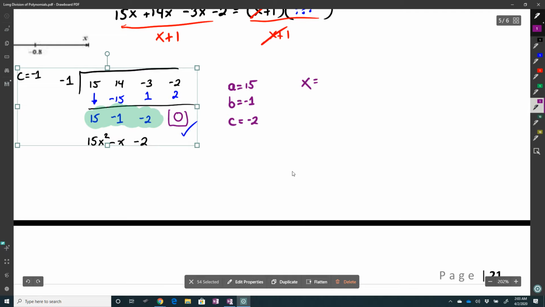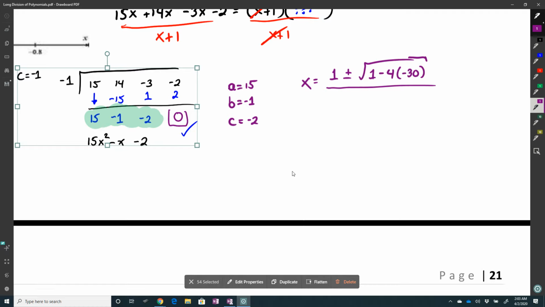So I have x is equal to -b plus or minus the square root of b squared minus 4ac, then the whole thing divided by 2a. 2 times a is 30.